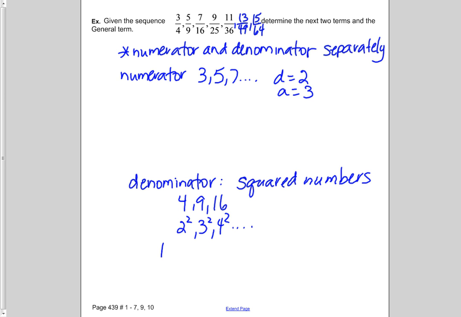So on the bottom, it would be n plus 1 squared. And on the top, it would be 3 plus n minus 1 times 2 from an arithmetic sequence.